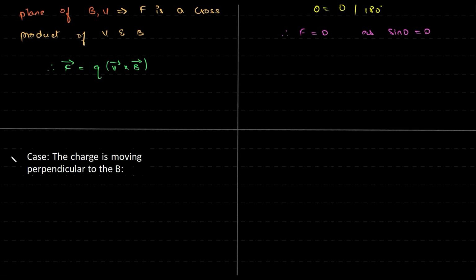We have one more case. The charge is moving perpendicular to B. So this is the case of maximum. So theta is equal to 90 degrees. So we have F is equal to QVB. So this is the case of maximum force for this setup, for this charge, for this velocity, and for this magnetic strength.